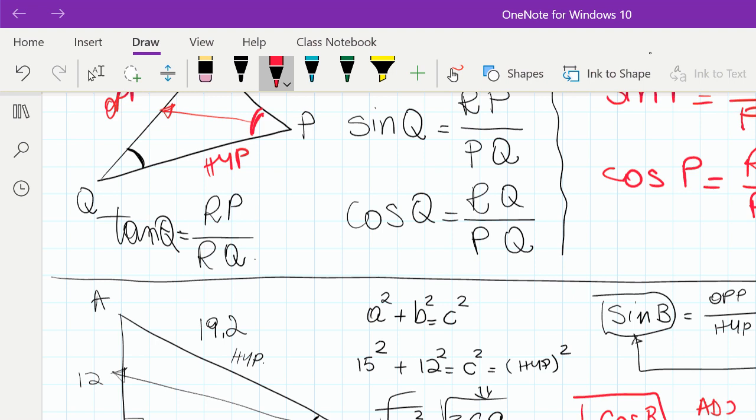If we want to find the value of angle B, then what we will do, either using sine or cosine, I will use cosine for now, we will go with the inverse. So angle B will be inverse cosine of the ratio, 15 over 19.2.